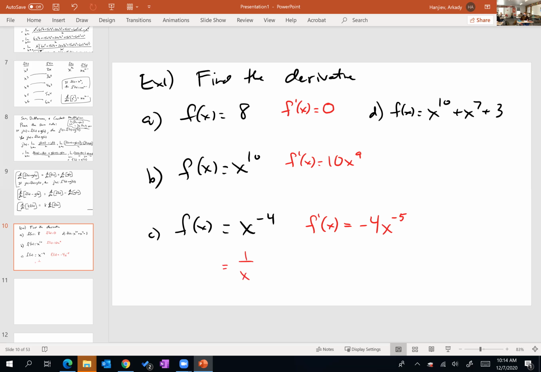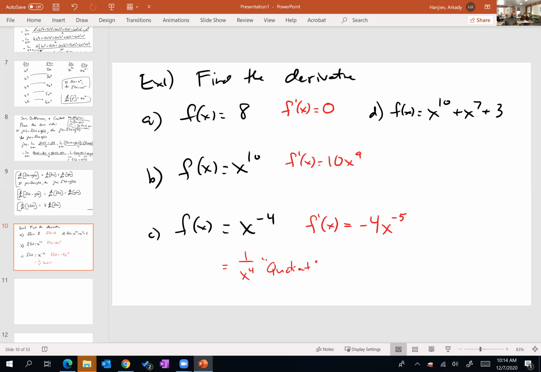The problem is this would have to be a quotient rule on our hands. I think we're going to have to cover the quotient rule in just a bit here. But how does the exponent get, again?